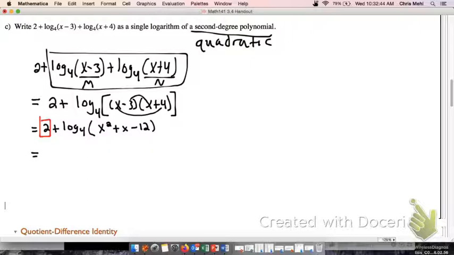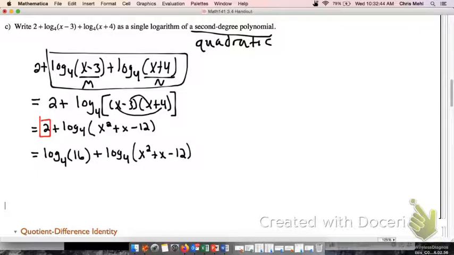Okay, so 2, if I want to get that as a log base 4, I have to think of what would I take log base 4 of to get back a 2? Well, I would take log base 4 of 4 squared, which is 16, because 4 squared is 16. And I have plus log base 4 of x squared plus x minus 12.